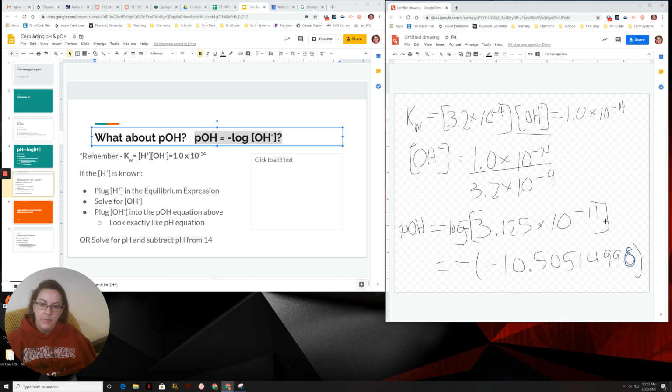Notice, remember that the pH equals 3.49. I think I'm trying to go faster than the computer is going.